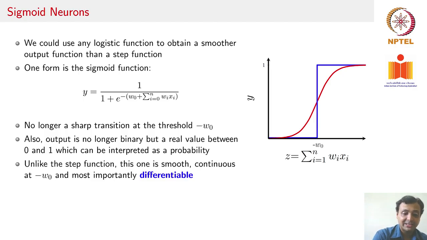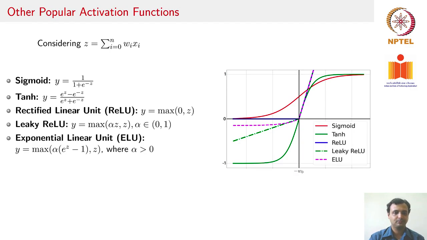More importantly, unlike the step function, this function is smooth. It's continuous at minus W naught, which is your threshold. It is continuous there, has no discontinuities, and is also differentiable. Why is this important? We will see very soon. It being differentiable is extremely important for how we're going to train these kinds of networks.